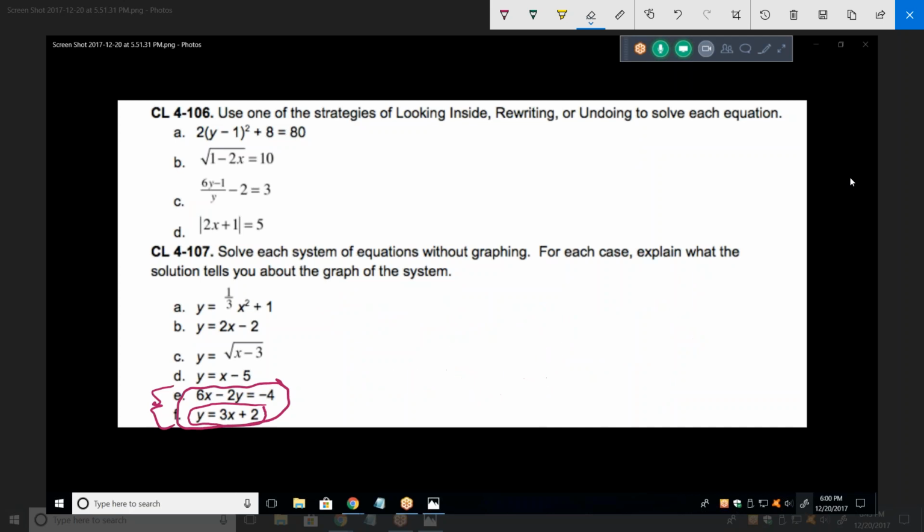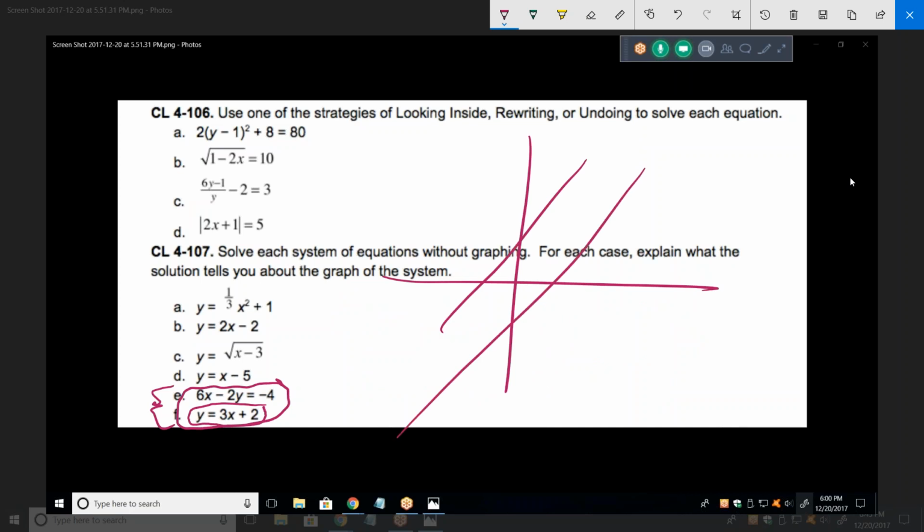There's a difference. If you have two lines that are parallel, there is no solution because they never cross. But if I have two lines and one of them is merely on top of the other one, then there are an infinite number of solutions.